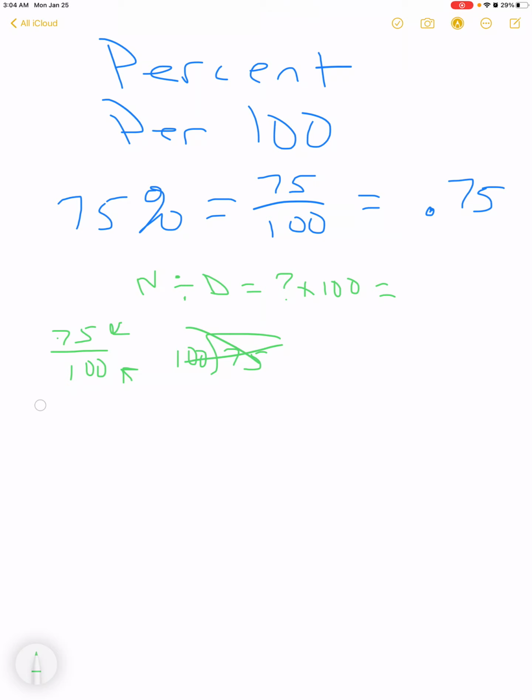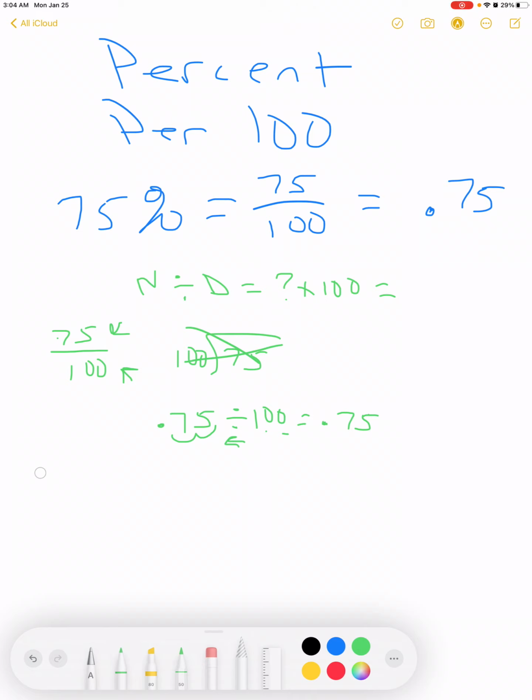If you need help with multiplying and dividing base 10 numbers, go back and watch Ms. Dorn's other video on that. There are 2 zeros in our base 10, so we move our decimal 2 place values. Because we are dividing, we move the decimal to the left, where the number gets smaller. 1, 2, place the decimal, and our answer is 0.75, or 75 hundredths.